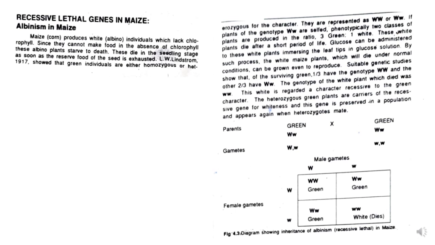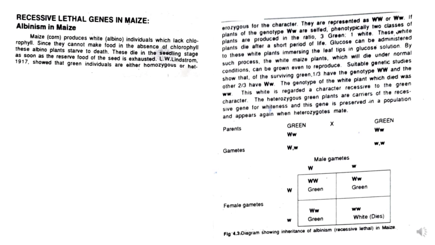So capital W is for green and small w is for white. Capital W is homozygous dominant for green, and the next is for heterozygous.